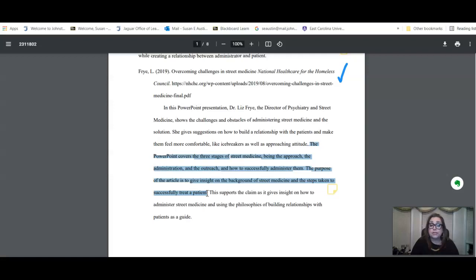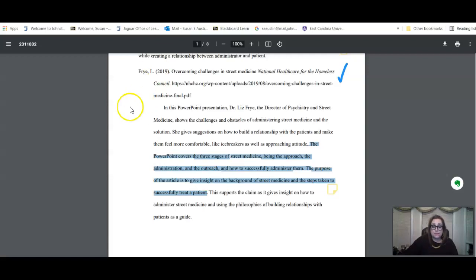The purpose of the article is to give insight on the background of street medicine and the steps taken to successfully treat a patient. So notice how the summary is a couple of sentences, and then the analysis and evaluation has a couple of sentences. So 2 to 3 sentences for the summary, 2 to 3 sentences for the analysis.